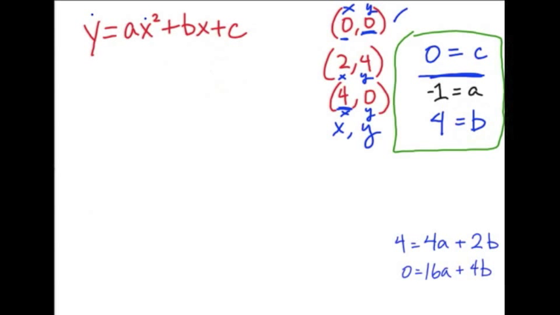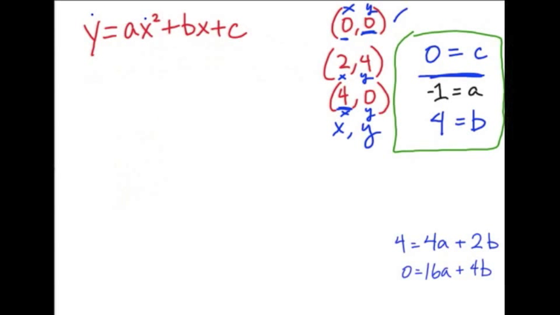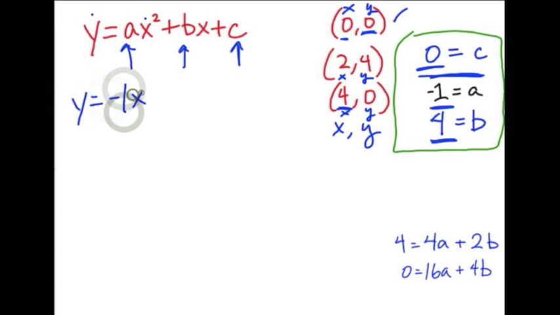So I will return to my second page. And my instructions were, find the equation of a parabola that passes through the points. So I now have a value for a, a value for b, and a value for c. So let's put them in. y equals a, negative 1, x squared, plus b, 4x, plus c, which is 0.